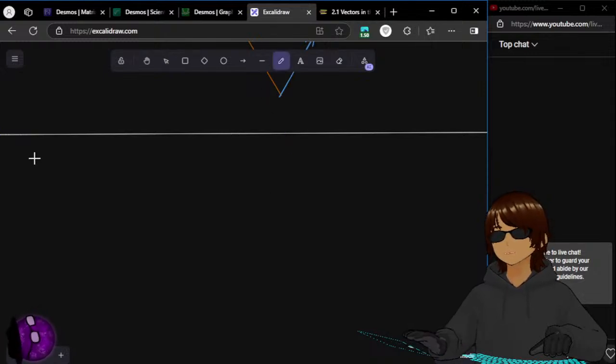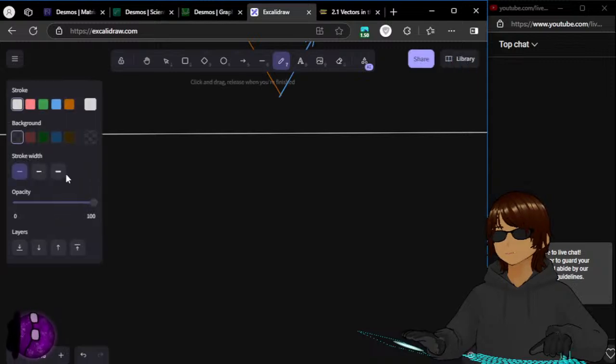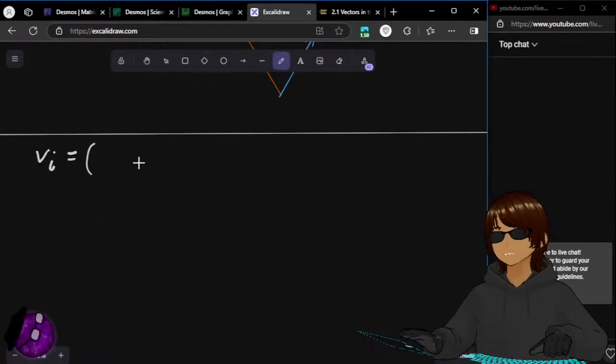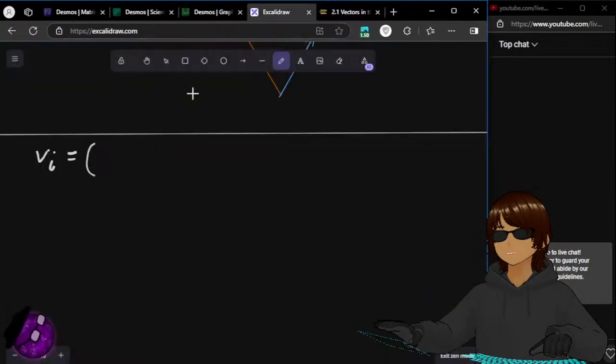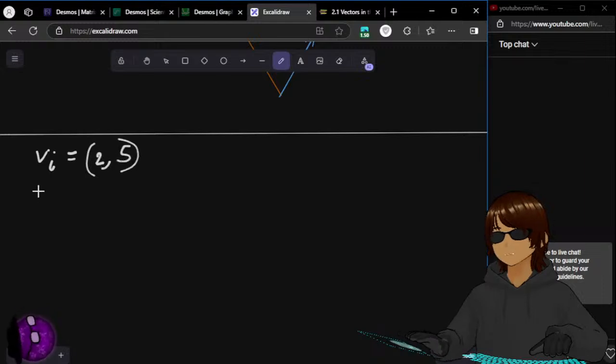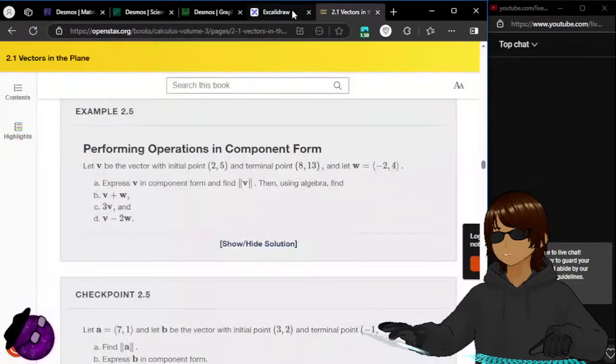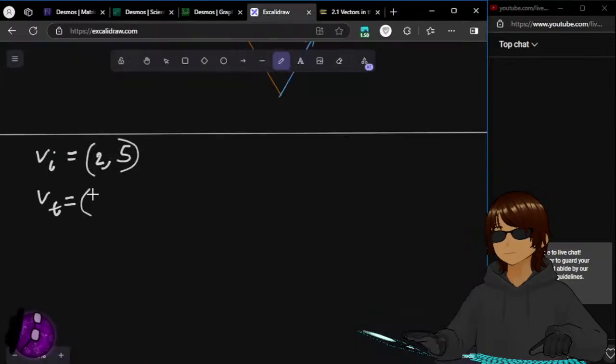So v initial is at 2, 5, and then the terminal is at 8, 13.